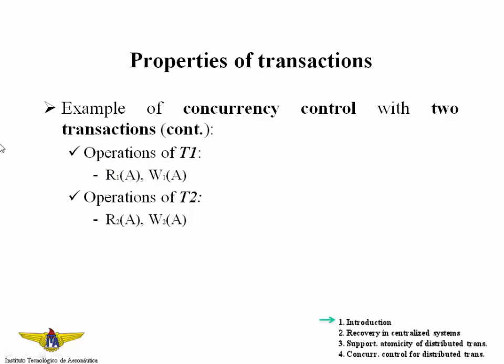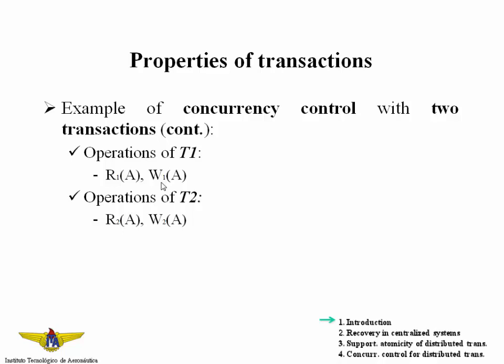And for these transactions, you have the operations R1, that you read the balance of the account 1, and you compute the deposit in transaction 1. Then you write the computation as the operation W1.